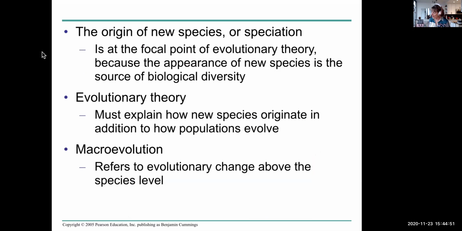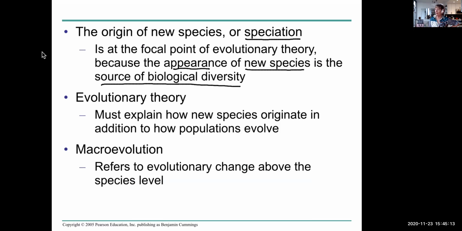So the origin of new species, another name for that is speciation, which is where a new species arises from an older species. And it's really the focal point of evolutionary theory because the appearance of new species is the source of biological diversity today.